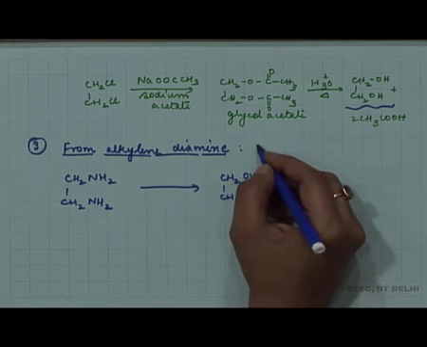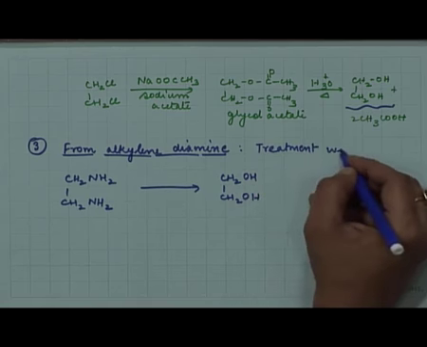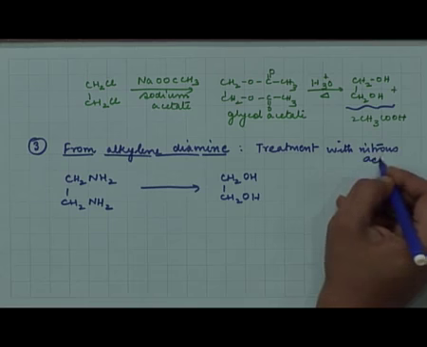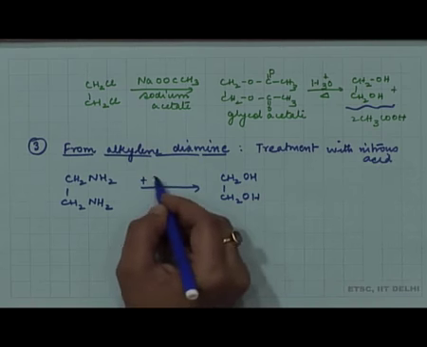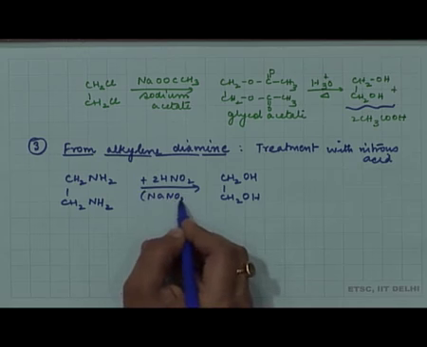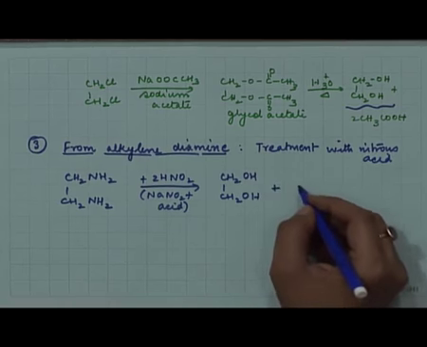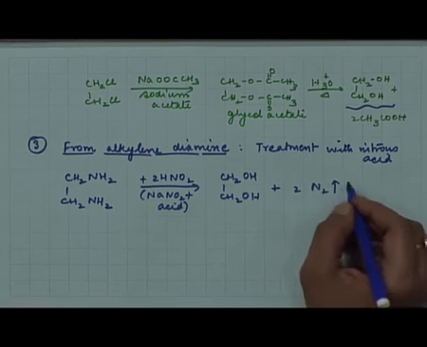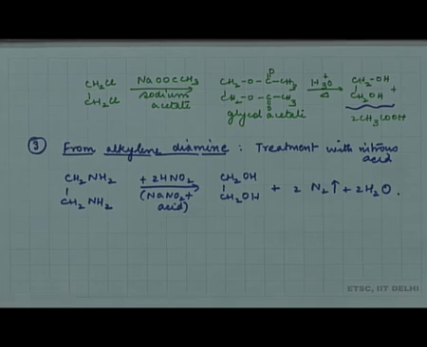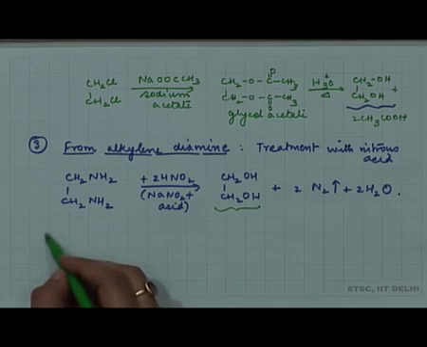We treat this with nitrous acid. For amines, treatment with nitrous acid is what is prescribed. You treat it with 2 moles of HNO2, which can be formed from NaNO2 under acidic conditions, and you will get this diol along with release of nitrogen gas and water. So, this is another method for synthesizing the diols starting from alkylene diamine.